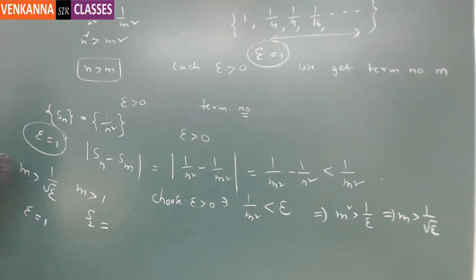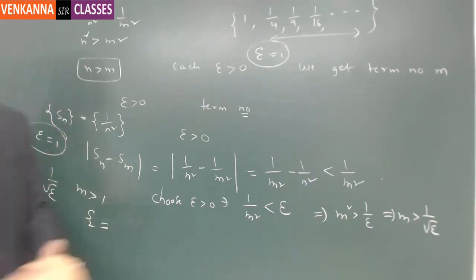You can find that, right? That's it. That is the idea of Cauchy sequence. I think that it will make sense. Let us take one or two problems, then we will have an idea. By taking more number of problems, we will get an idea what is a Cauchy sequence in total.